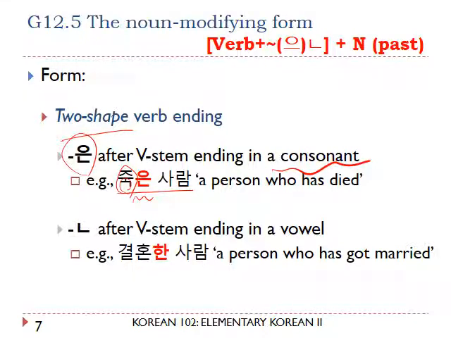And this expression means a person who has died or a dead person. If the stem ends in a vowel, then attach 니은. For example, 결혼한 사람. The stem is 결혼하, right? And it ends in a vowel, so attach 니은. This expression means a person who has got married or a married person.